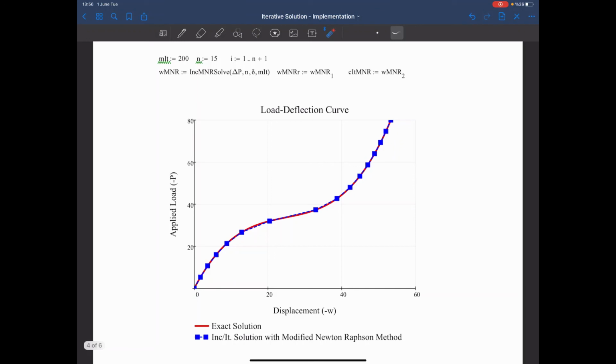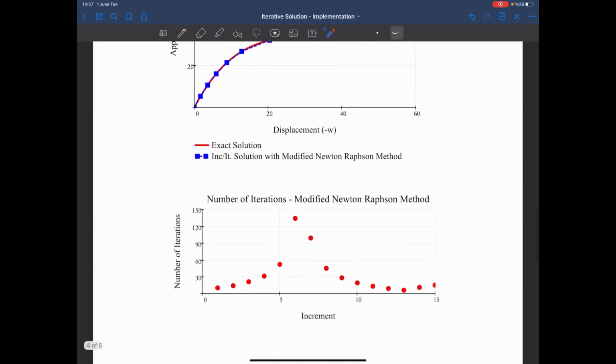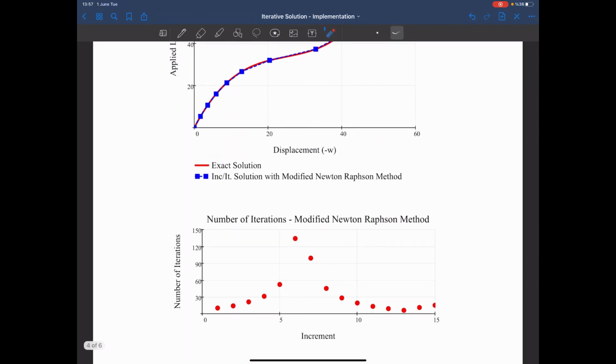So again, with the modified Newton-Raphson, I was able to trace the full load deformation curve. At every increment I reached equilibrium. But let's take a look at the number of iterations. At the initial point, remember that I'm using the initial slope. Even when I'm here, I'm using that initial slope.